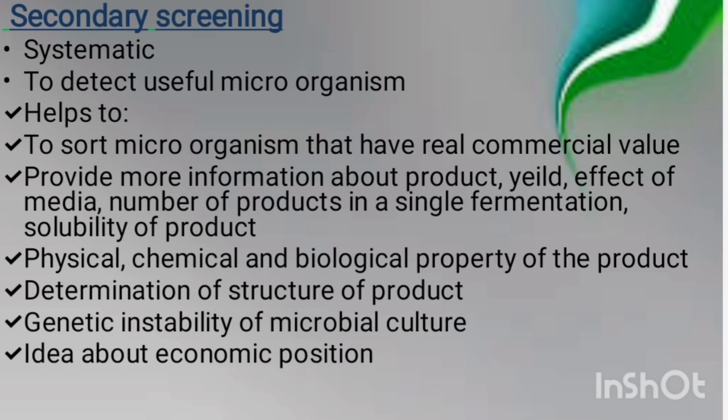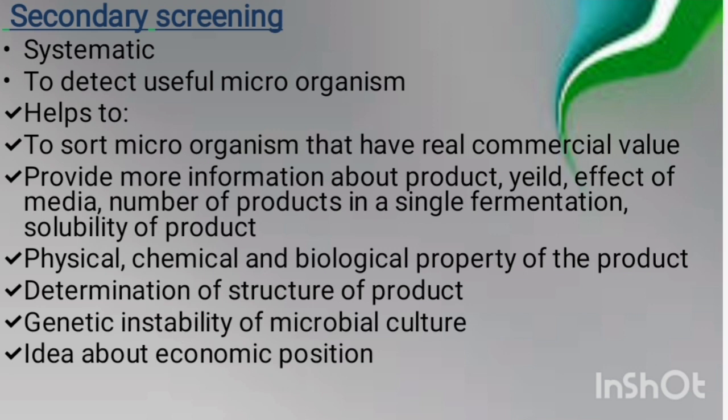That is, primary screening does not provide much information, and the secondary screening method helps to detect useful microorganisms in the fermentation. The secondary screening method helps to sort out microorganisms that have real commercial value, that have real applicability in the fermentation.